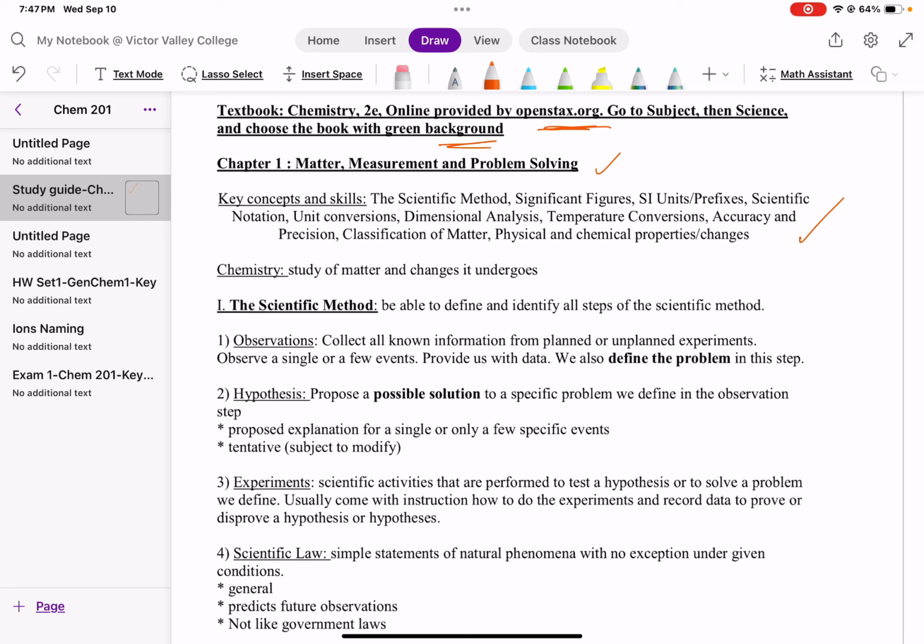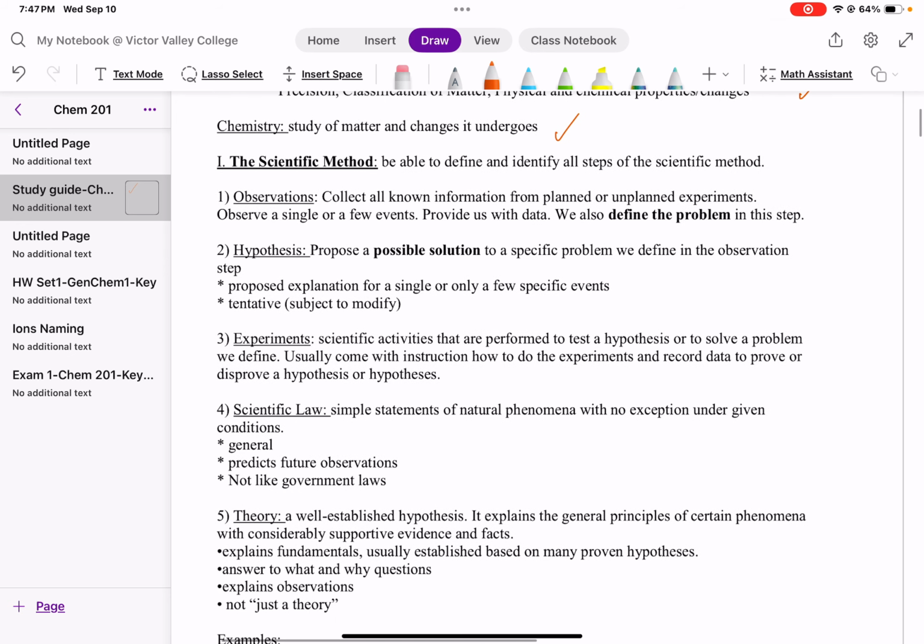As you know, chemistry is the study of matter and the changes it undergoes. Now, the scientific method: whatever we do in science, we need a method. These are the components of the scientific method that we follow.